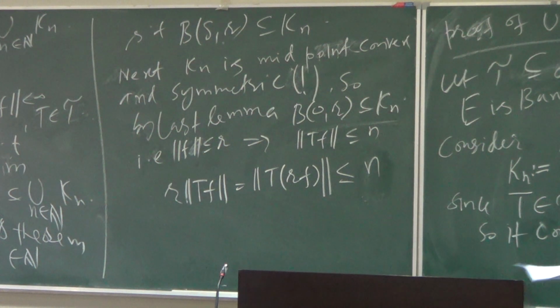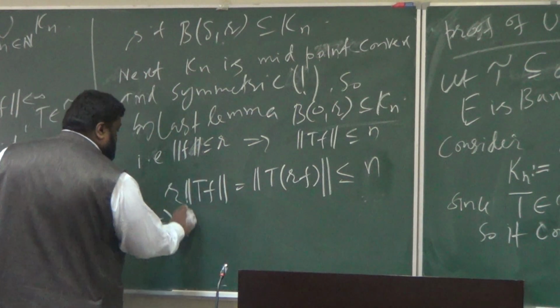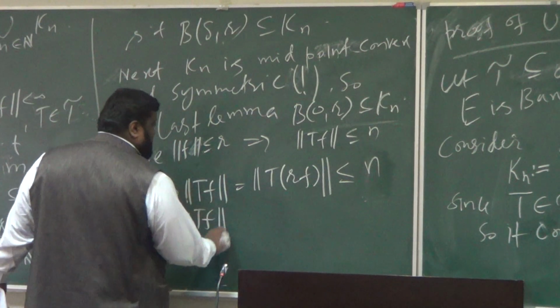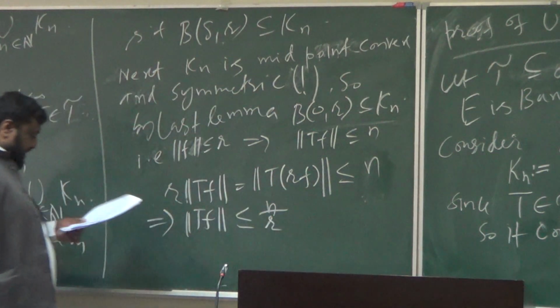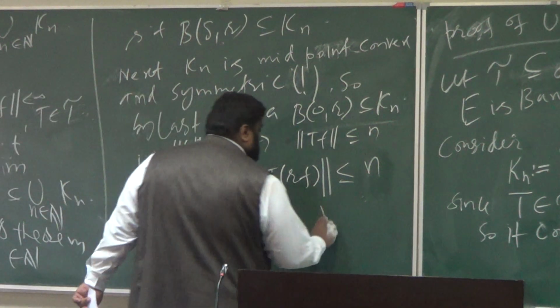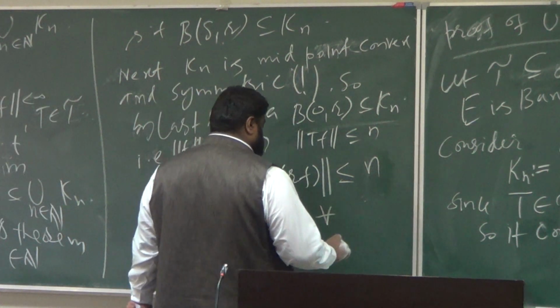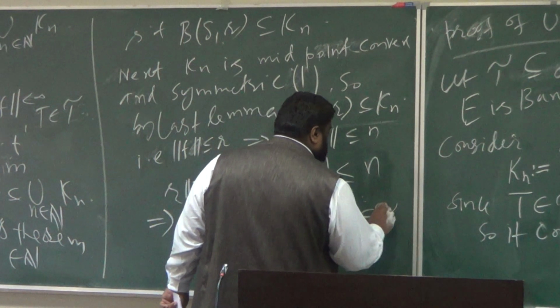Yes. This means that if I divide both sides by r, Tf can be estimated by n over r, and this is true for all T in the family.